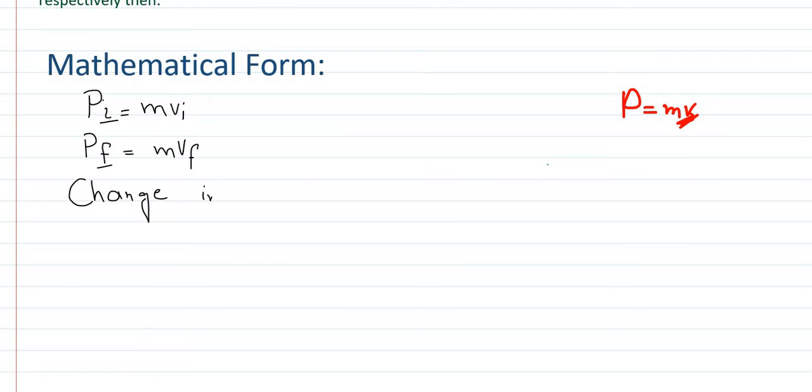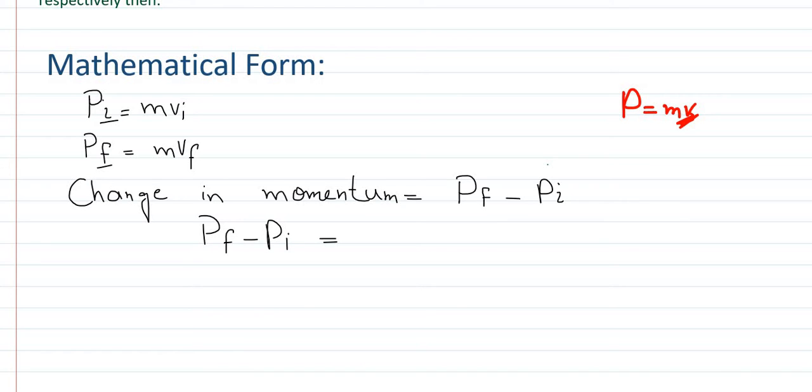Change in momentum is equal to Pf minus Pi.